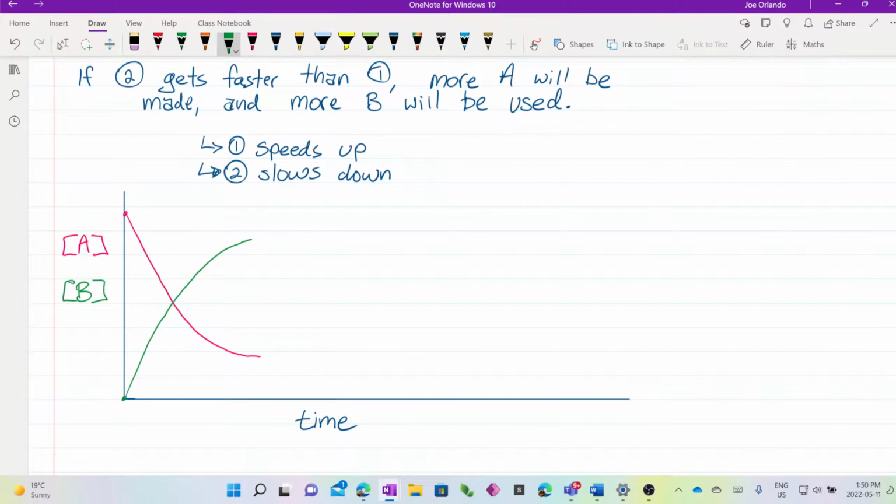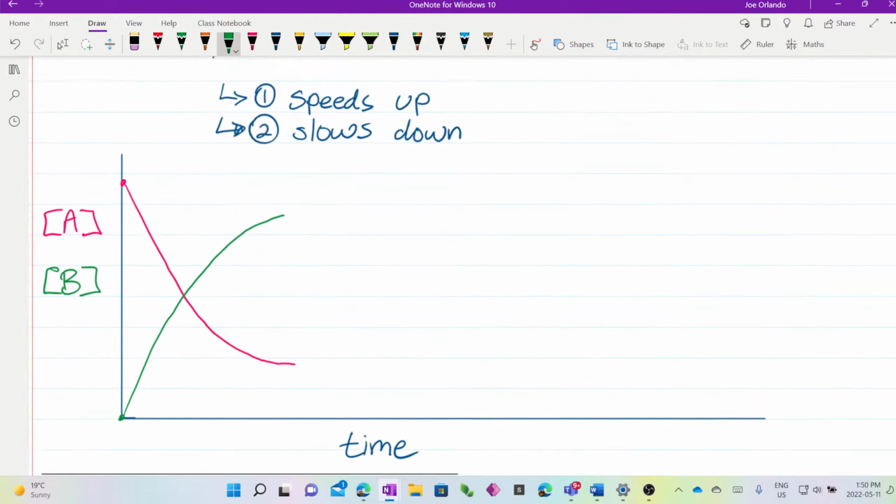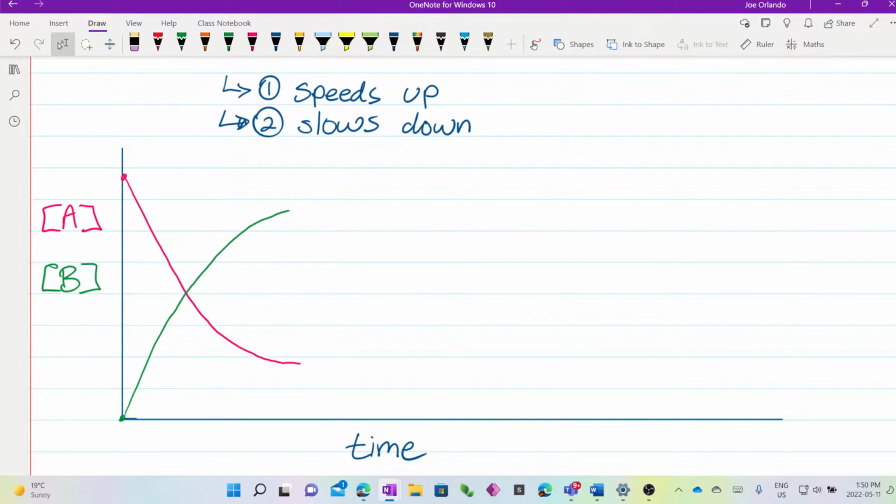But then we said at a certain point, maybe this point here, the concentrations are such that the reactions are actually going to start going in the other direction. Not while I draw this, because I won't possibly be able to do it nicely, but once I'm done this.